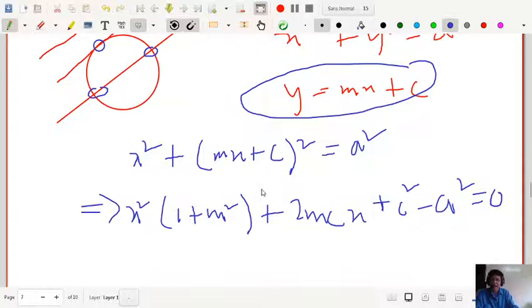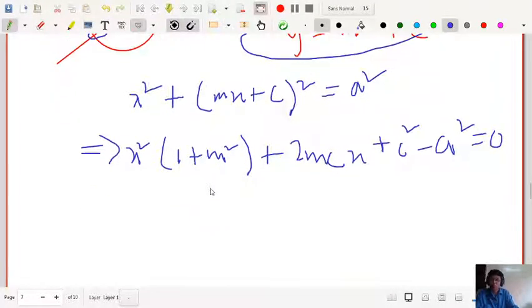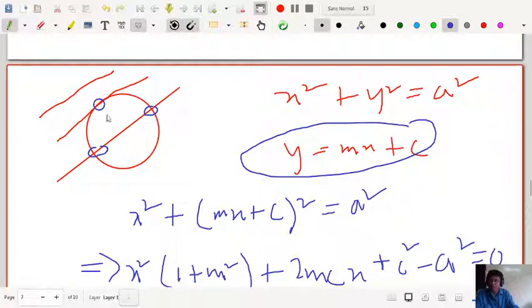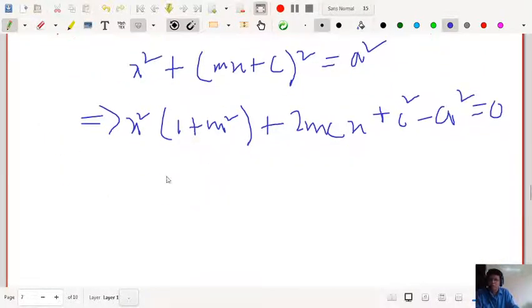This is the quadratic equation in x, and it must have equal roots, because for tangency, what is the condition? For a chord, it must intersect at 2 points, but a tangent must touch the circle. So it must have two equal roots. And what is the condition for two equal roots? b square equal to 4ac.